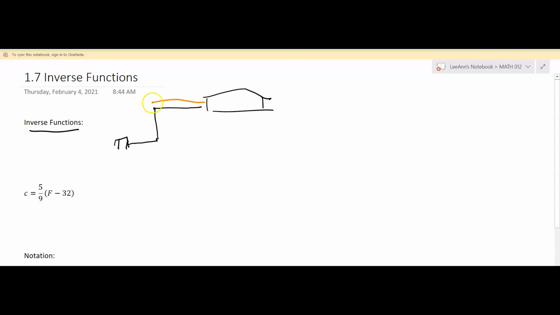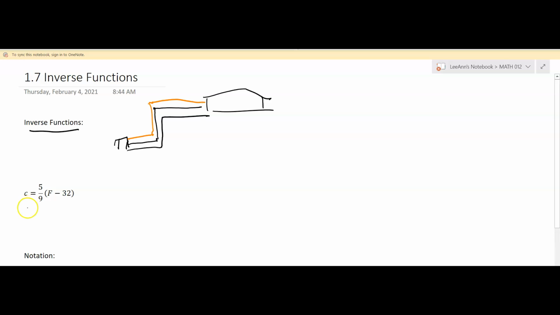So you'd go out this way, maybe west, and then go south, and then go west again. Whereas the first time to get to the store, you were going east, and then north, and then east, right? So this is the idea that you get back to where you started from. That's how inverse functions work.